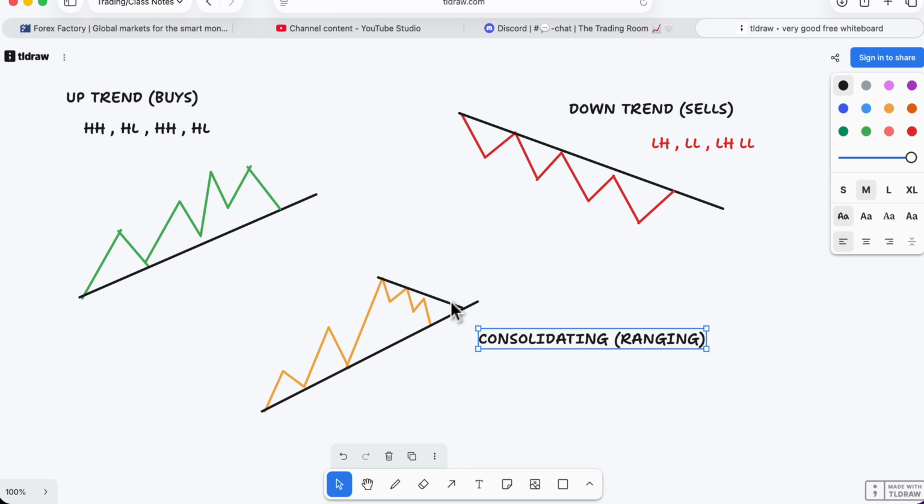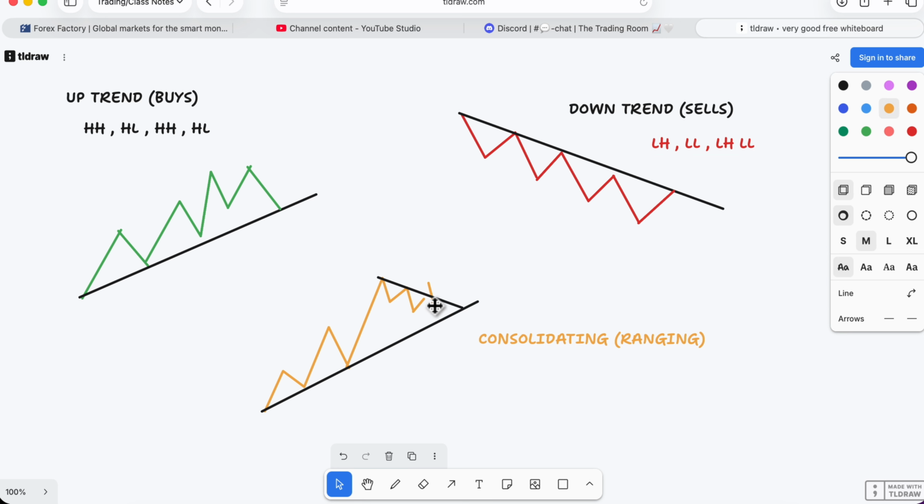You'll hear terms like price is squeezing, because that means price is now starting to bounce in between these two levels, which is saying price is making lower highs, but it's also making higher highs.